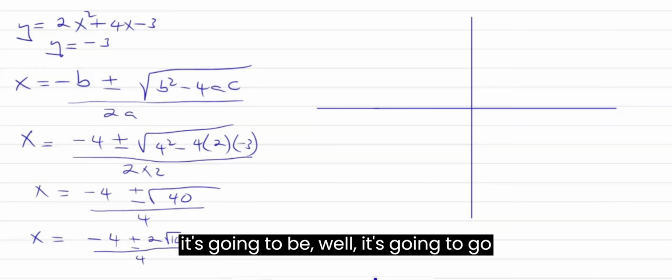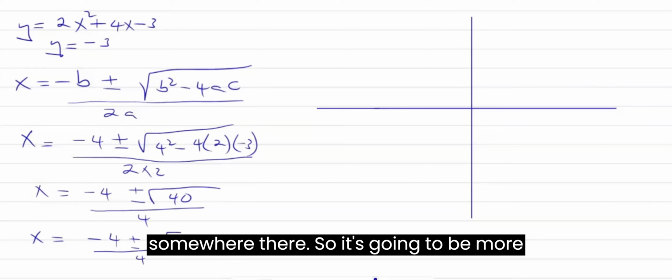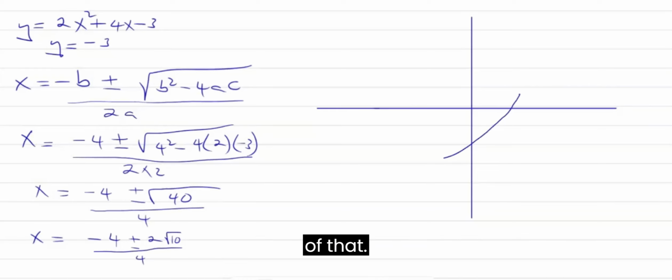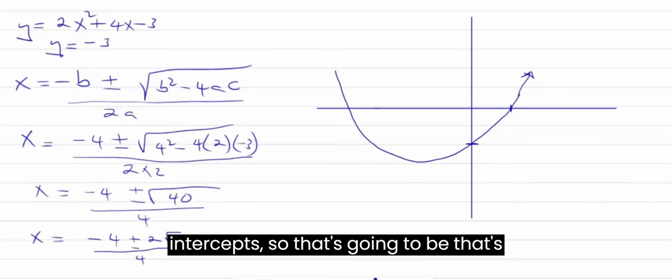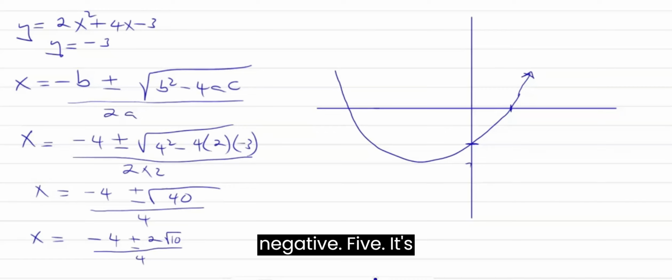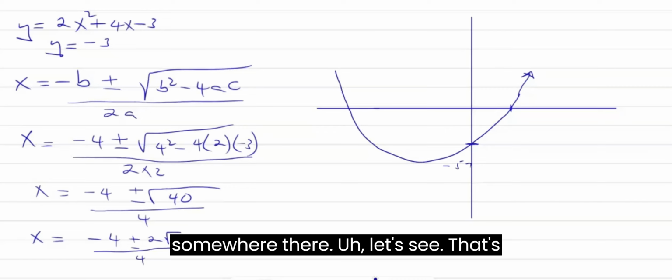So it's going to go somewhere there. So if I label my intercepts, that's going to be -5, it's somewhere there.